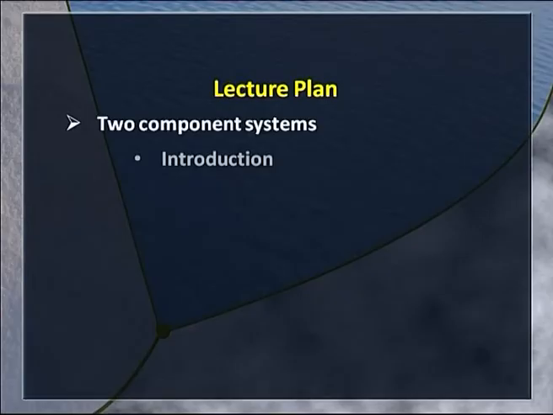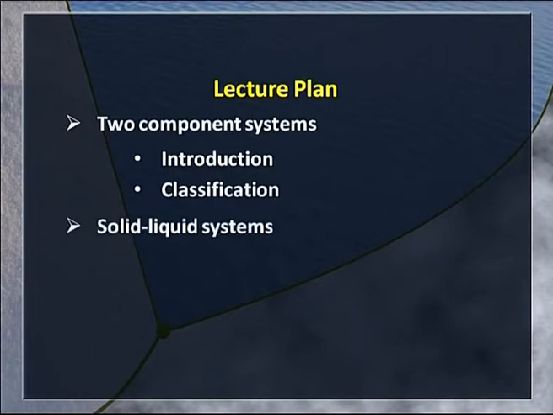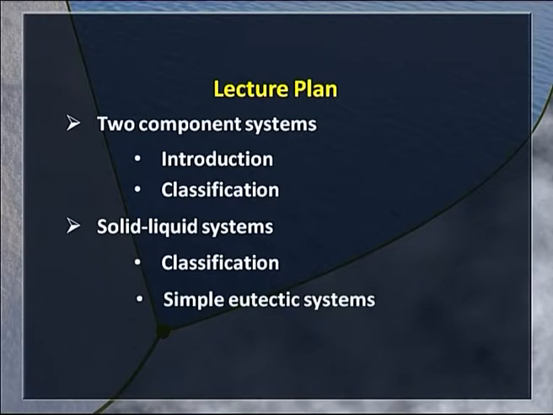My lecture goes like this today. I will introduce you to the two component system, the classification, in which we will deal with solid liquid systems, and within that how these solid liquid systems can be classified, and concentrate on simple eutectic systems.